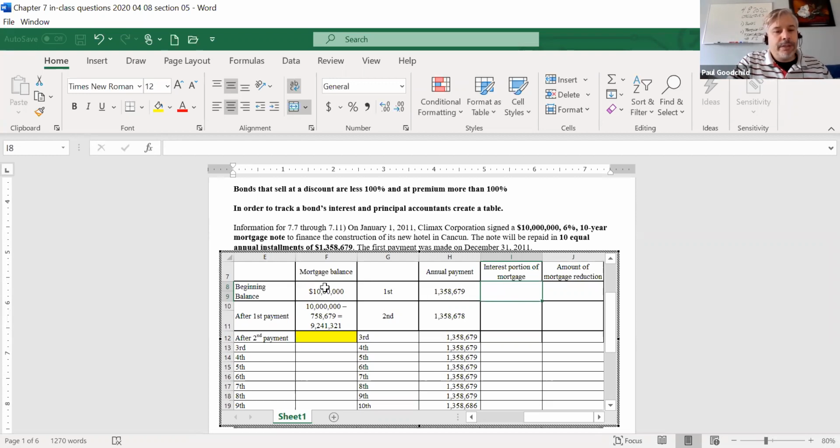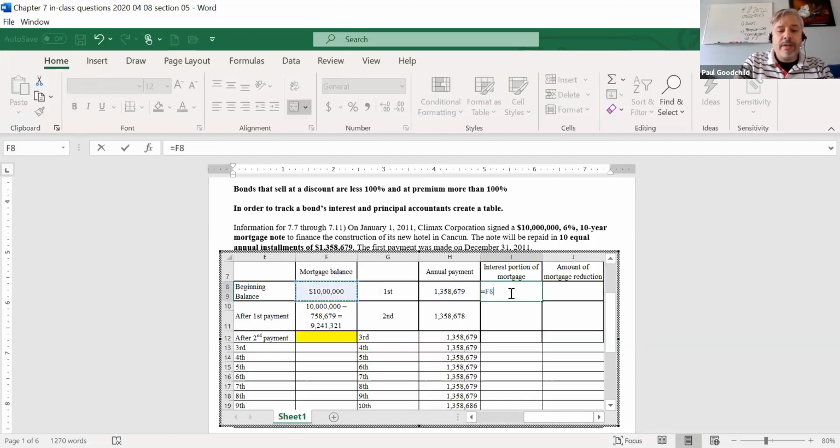And the way it works is that the mortgage balance is what somebody owes the company, and so they're entitled to interest on it. In this case, it's 6%. So they would have 6% of the $10 million.